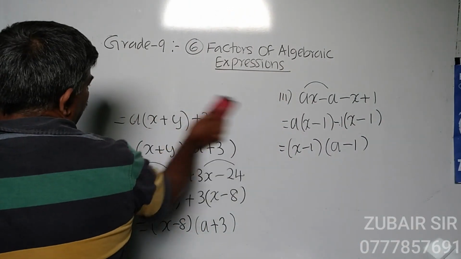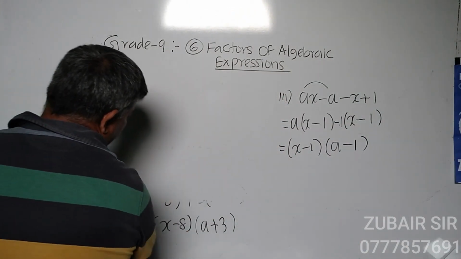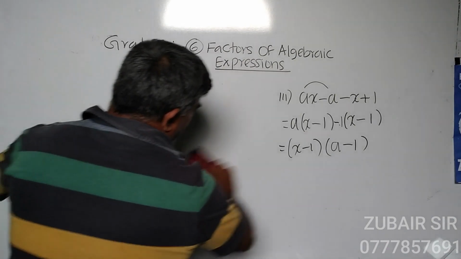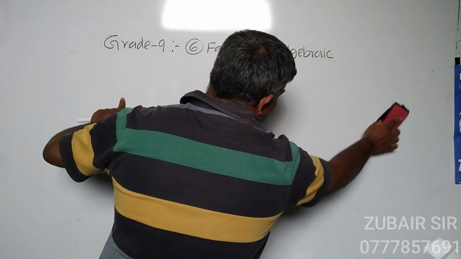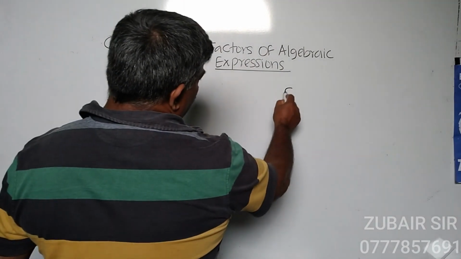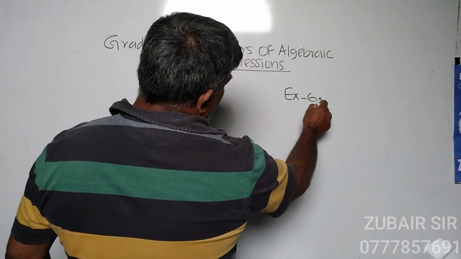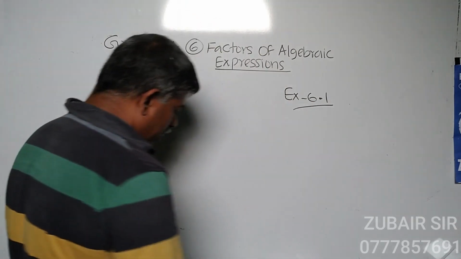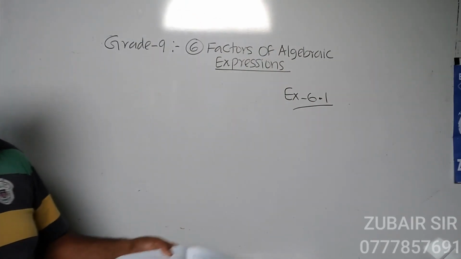So, this is another system of factorizing. By using this system, you can do the exercise 6.1.